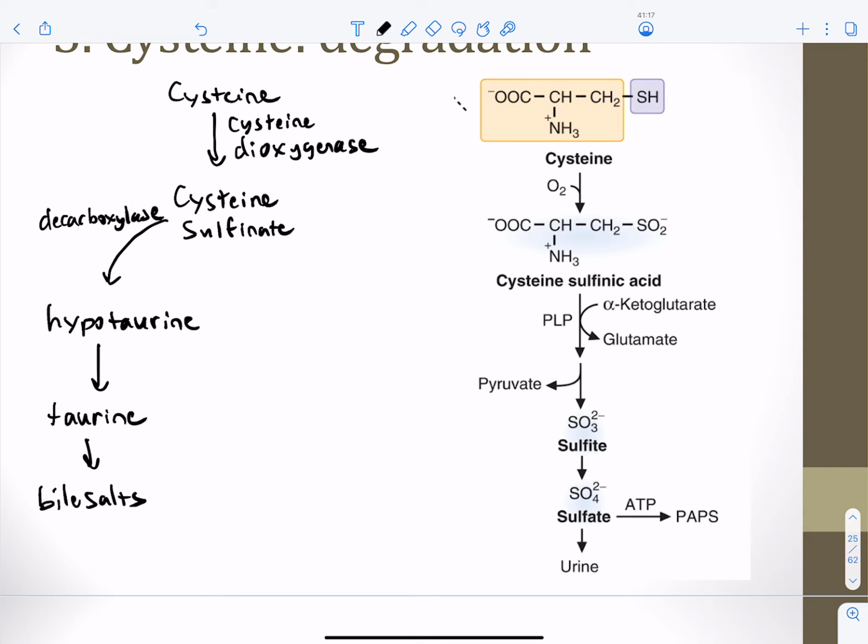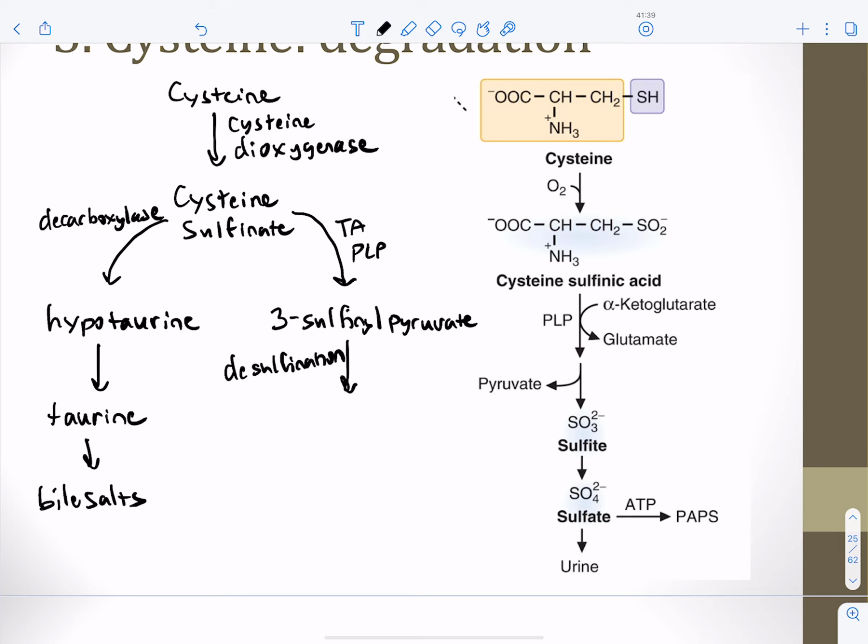Now, cysteine sulfinate can also go through a transamination reaction with your pyridoxal phosphate, and this will give you a 3-sulfinyl pyruvate. And you can get desulfination to give the bisulfite plus pyruvate. And that feeds back into there, and then you go on to generate urine or your PAPS formation.